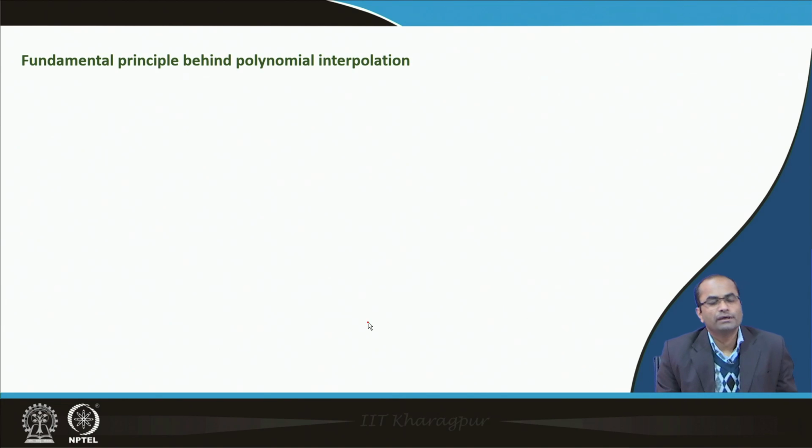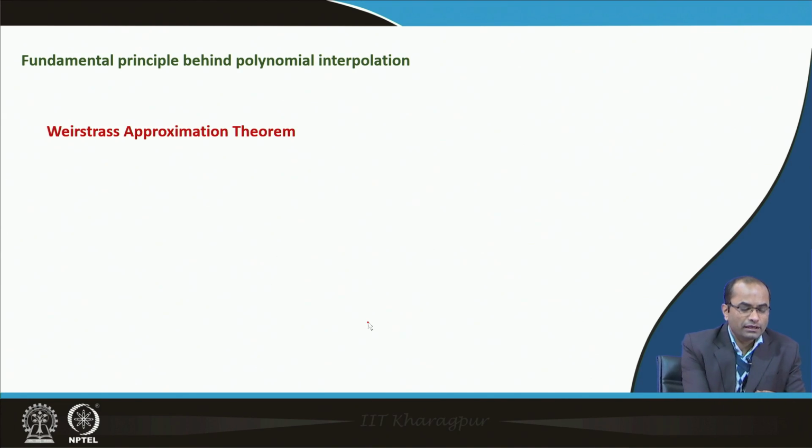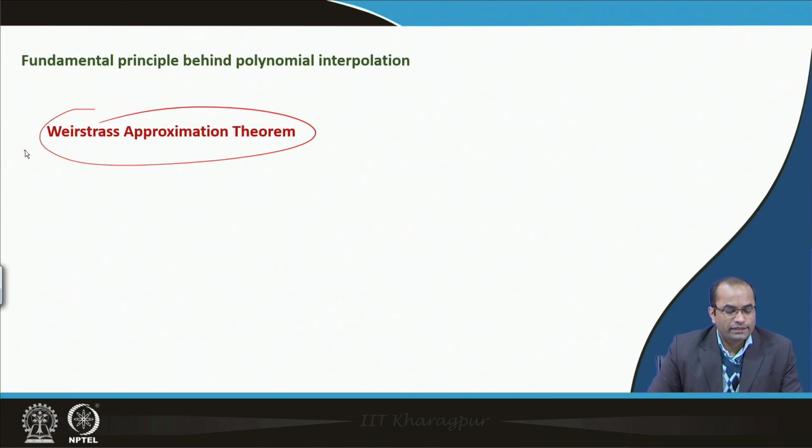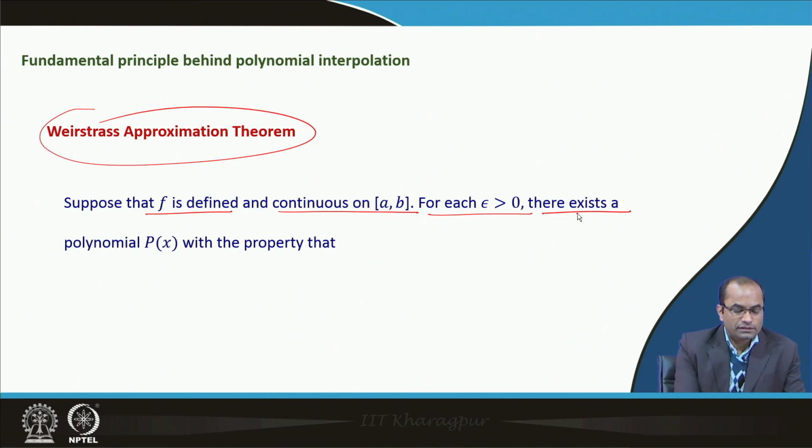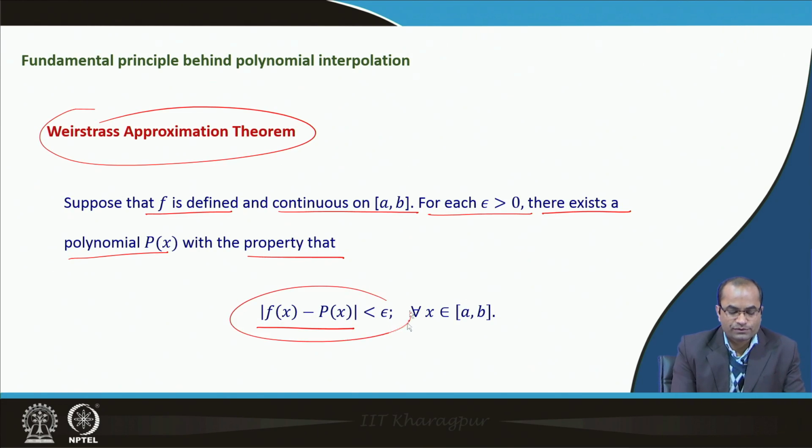So, what is the fundamental principle behind this polynomial interpolation? That will be clear from the Weierstrass approximation theorem, which says that suppose f is defined and continuous on some interval [a, b]. Then for each epsilon, however small, there exists a polynomial p(x) with the property that |f(x) - p(x)| is less than epsilon.